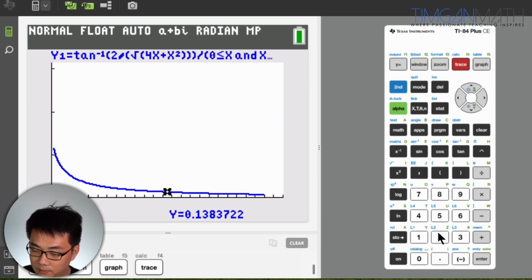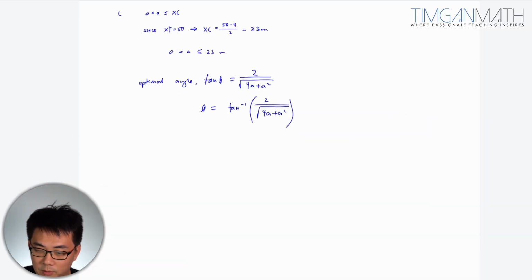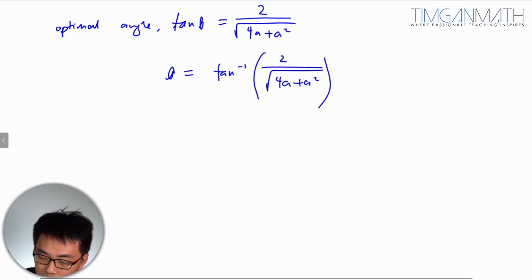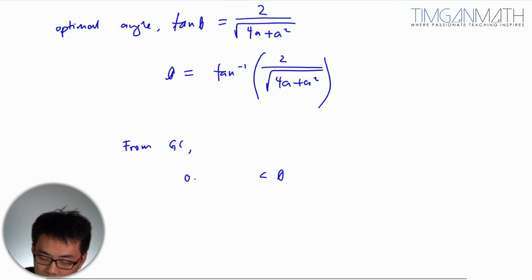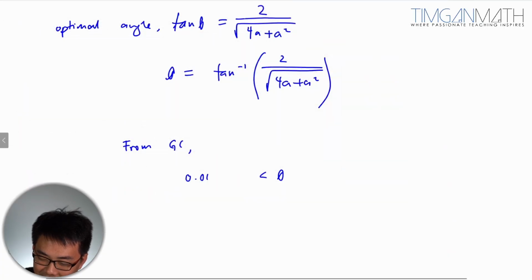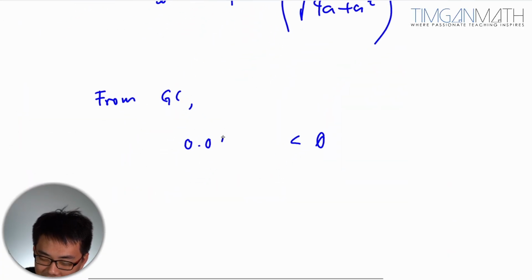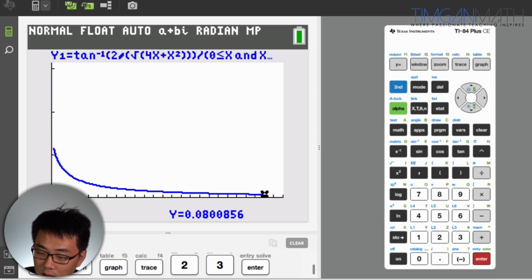This is 23, and the value is 0.0800856. So from the GC, theta, the minimum point, is 0.08008. Okay, so this is a strictly decreasing function here.